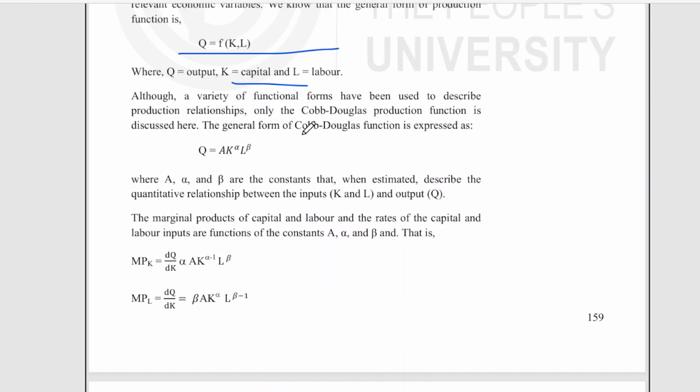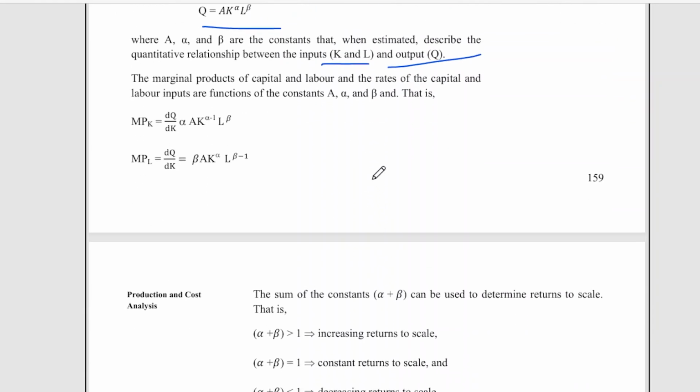The general form of Cobb-Douglas function is like this, and A, alpha, beta are the constants that, when estimated, describe the quantitative relationship between the inputs, that is K and L. K is capital and L is labor, and Q is output. Okay, so this is all equation based. You can refer to your IGNOU study material MMPC 010 Unit 7 subsection 7.